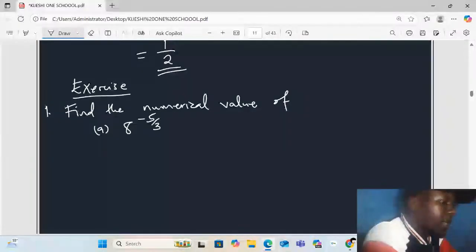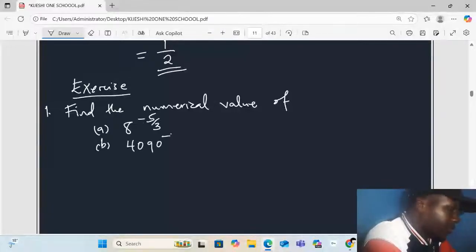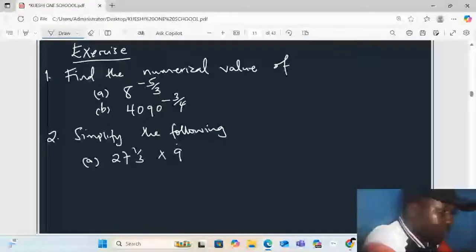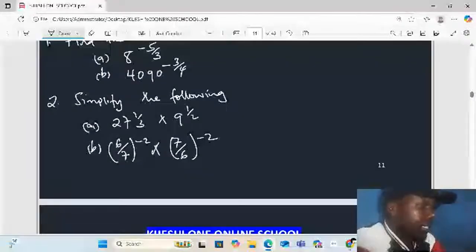So you simply apply the laws that we've discussed. Then you have 4096 raised to negative what? 3 over 4. So you still apply the same. Then 7 and a third. Then we multiply.